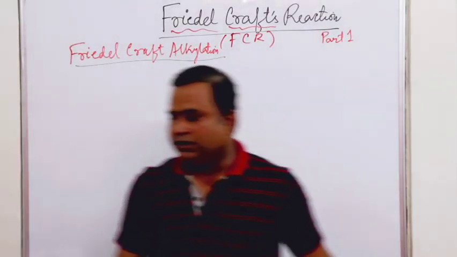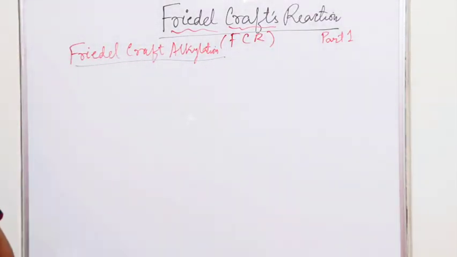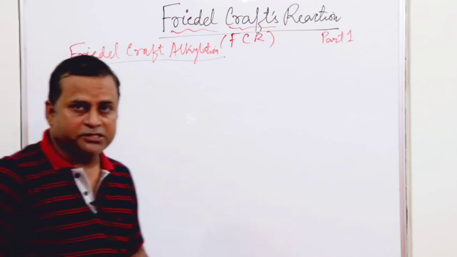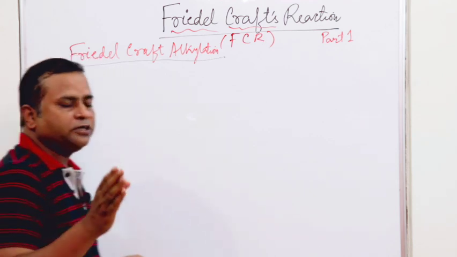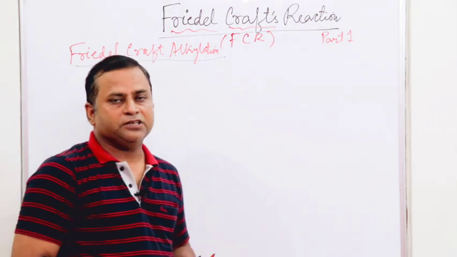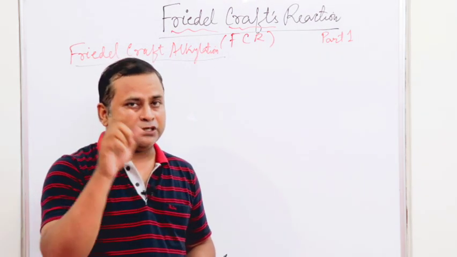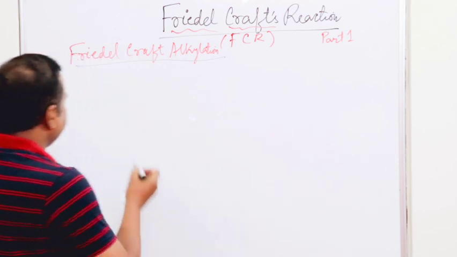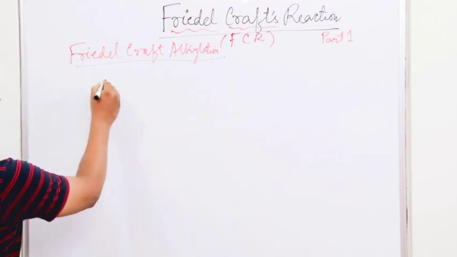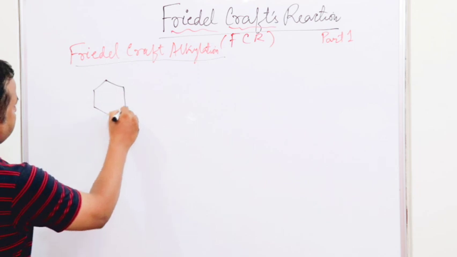Now we will learn Friedel-Crafts alkylation reaction in detail. As you have already learned, by Friedel-Crafts reaction we attach certain groups to the benzene ring or the arene. So this is a benzene ring.